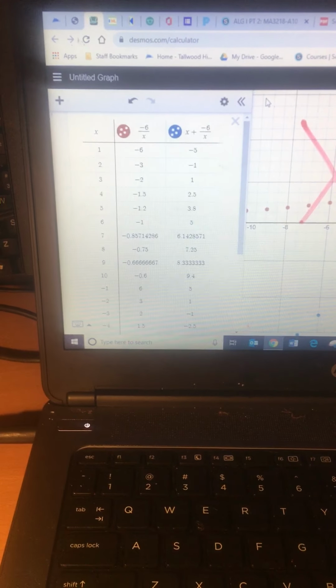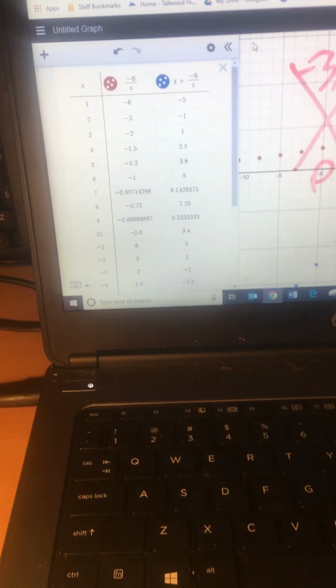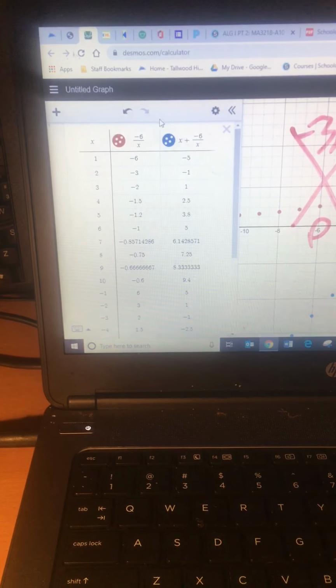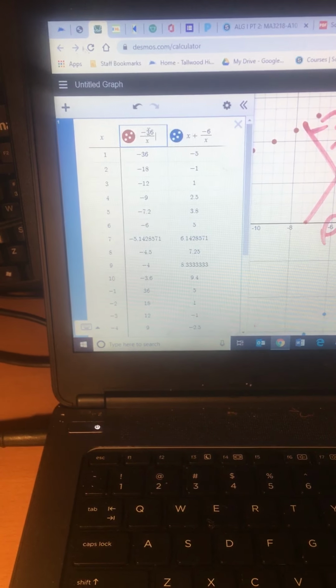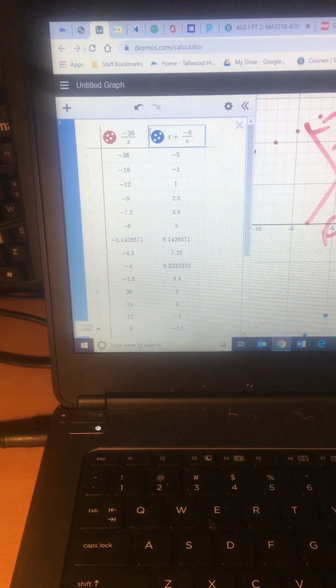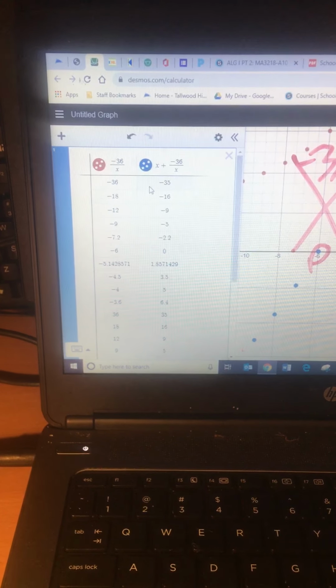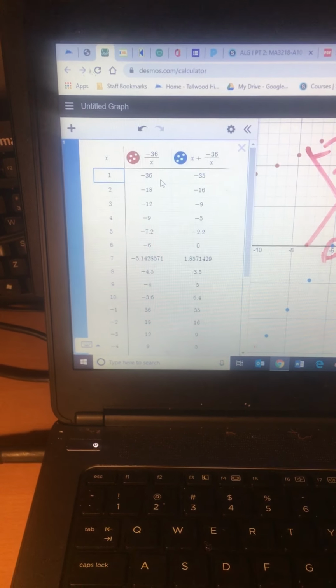X, we got negative 36, and we got 0 here. So at the top, we're going to put negative 36 for both of these. They both have to match. You've got to double check. The third column, we are looking for the bottom number, which is 0.